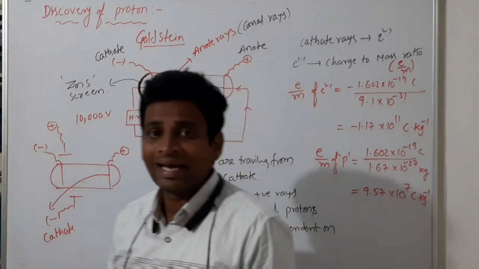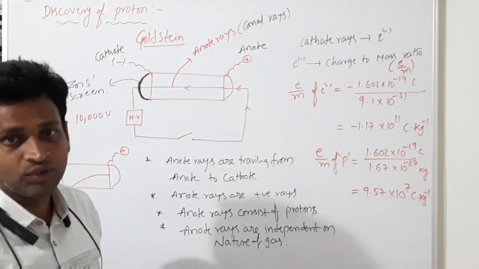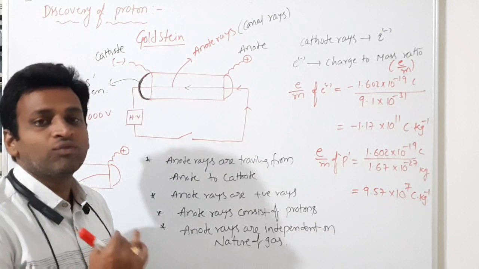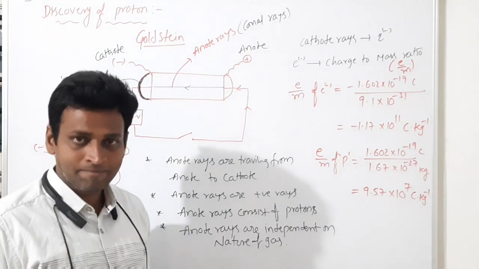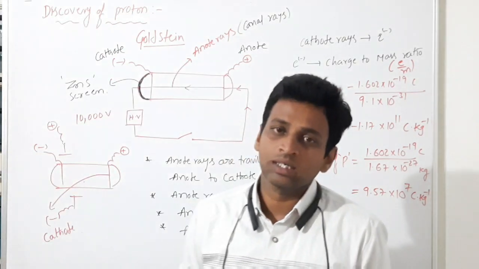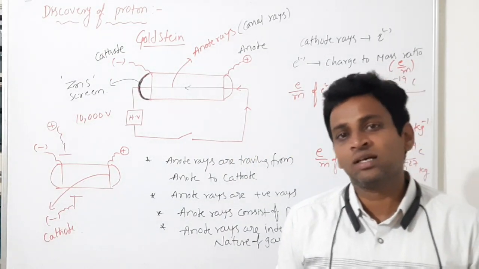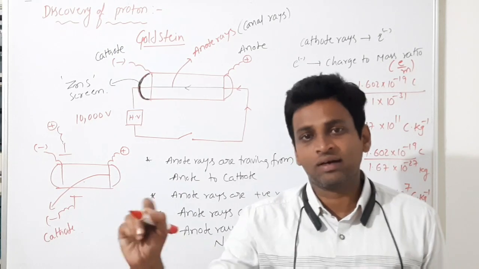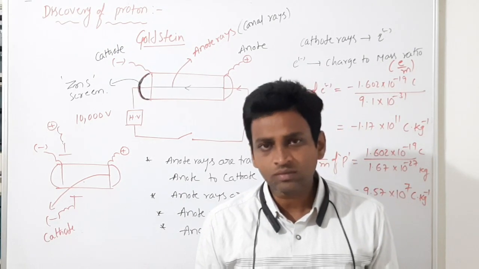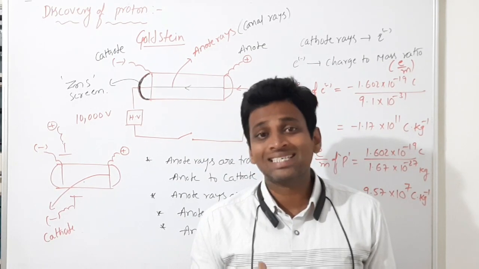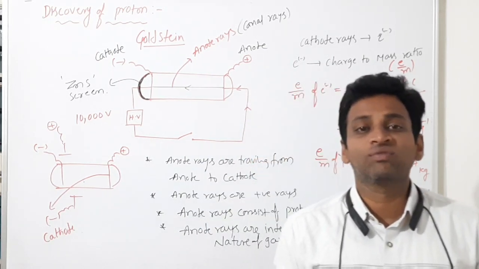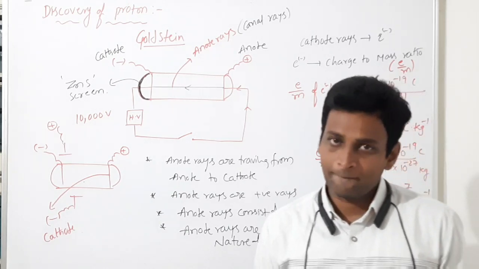The same thing happens if you use a magnetic field. The anode rays deflect towards the north pole. Write down all these things. Anode rays will deflect in the presence of an external electric field and magnetic field. Write down this point. Anode rays deflect towards the external cathode in the presence of an external electric field.